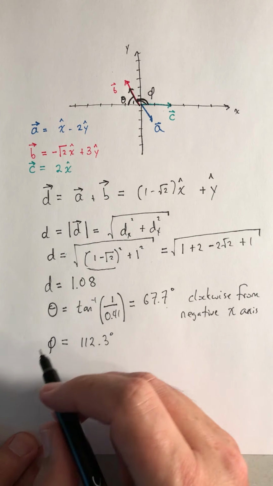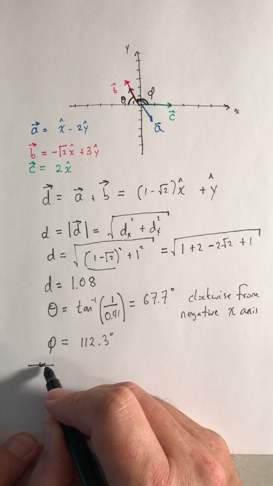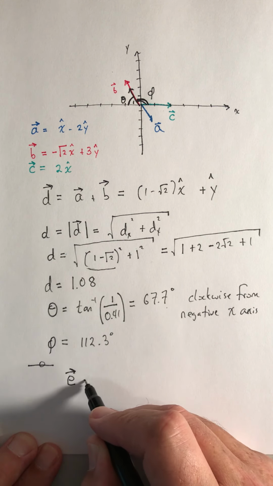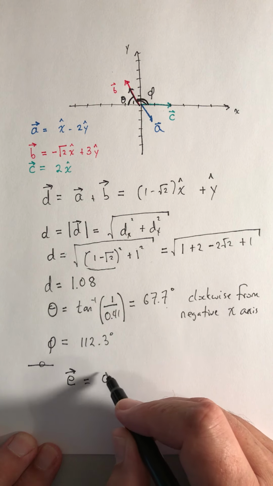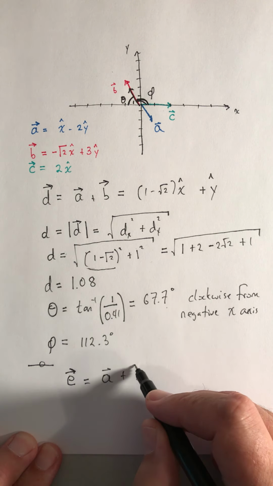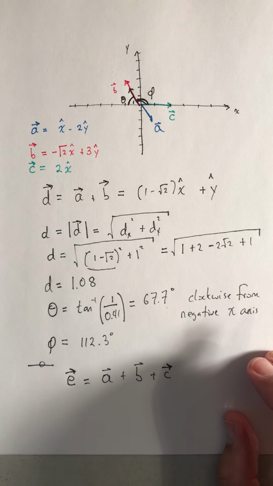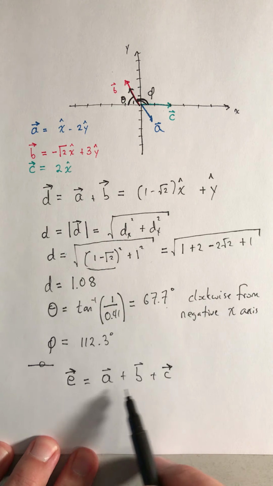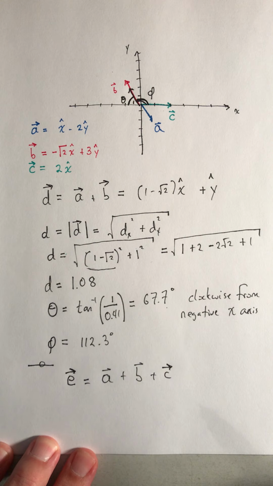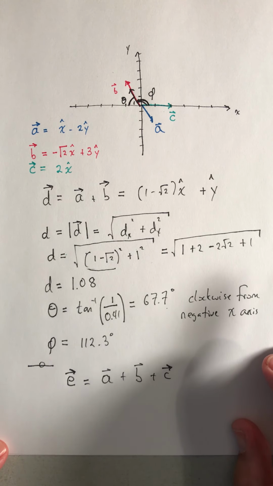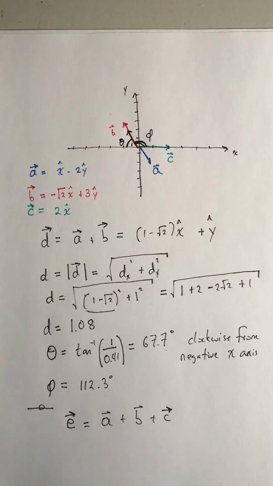What we're trying to do for the second part is calculate the vector E, where E is equal to A plus B plus C. Vector addition commutes, so it doesn't matter what order I add those in.